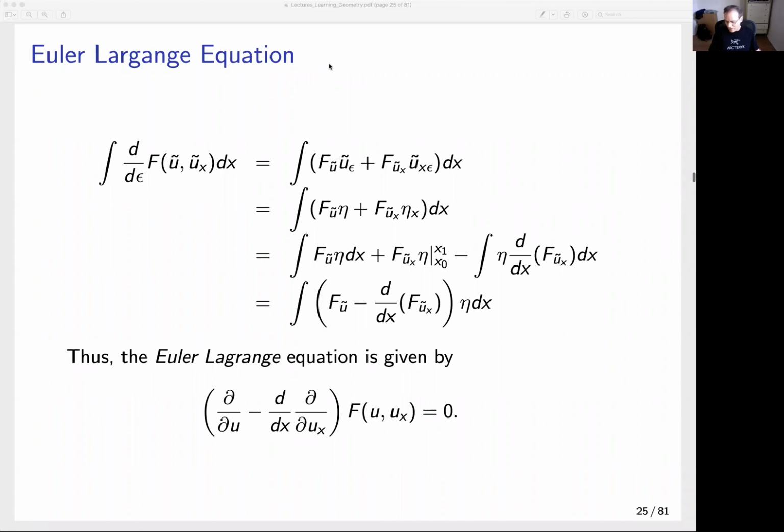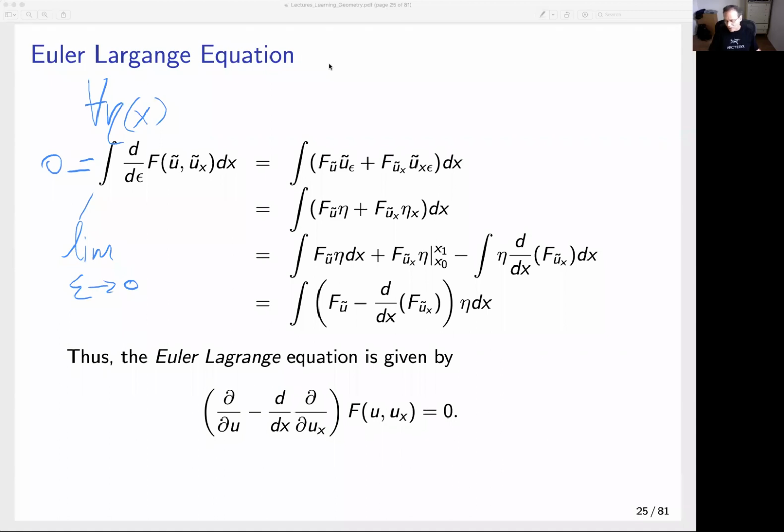Remember that what I would like is for every eta of x, I would like this condition to hold, as the limit of epsilon goes to 0. So you're saying you can use any function which is orthogonal to eta to satisfy this condition, right?